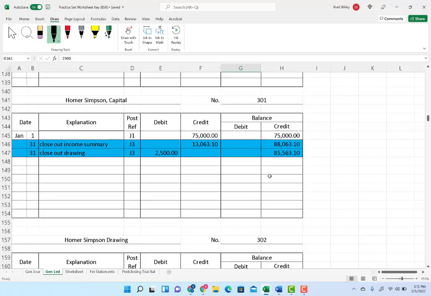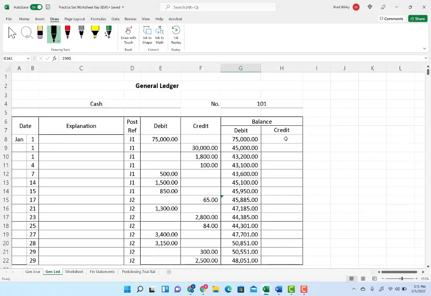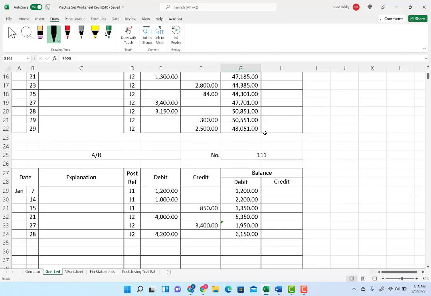Income summary is zero, but some accounts do still have balances, the permanent ones like cash. This is how much cash I have on the last day of the month. If I earn another $1,000 on February 1st, I want to add that to the beginning balance, because I want to know how much cash I have at one point in time.